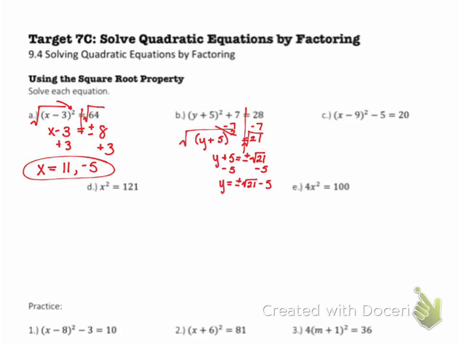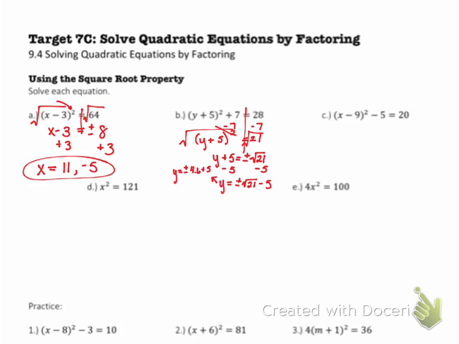So let's say I actually wanted you to round to the nearest tenth. Let's just look at what that would look like. So the square root of 21 is approximately 4.6. So that's positive or negative 4.6, and then I would add 5 to that.